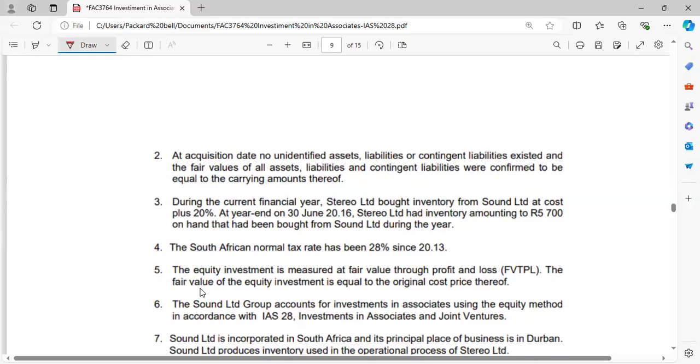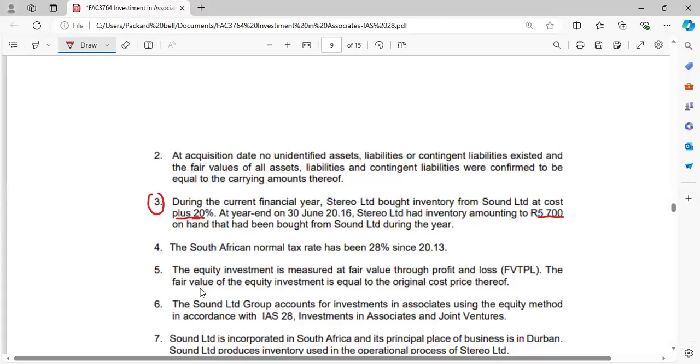Then number three, during the current financial year, Stereo Limited bought inventory from Sound Limited at cost plus 20%. You see, this one is cost plus. At year end on 30 June 2016, Stereo Limited had inventory amounting to 5,700 on hand that had been bought from Sound Limited.